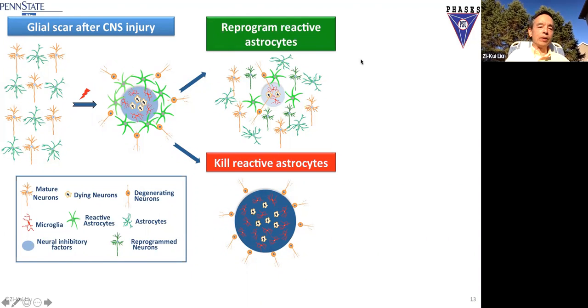What nature does is that when a neuron is dead, it tries to encapsulate and isolate it, so it becomes dead with no function anymore. The most common research approach is to kill those bad things, right? But the problem is that you kill the bad things, but you never get the neurons back. So you need to really regenerate the neurons.